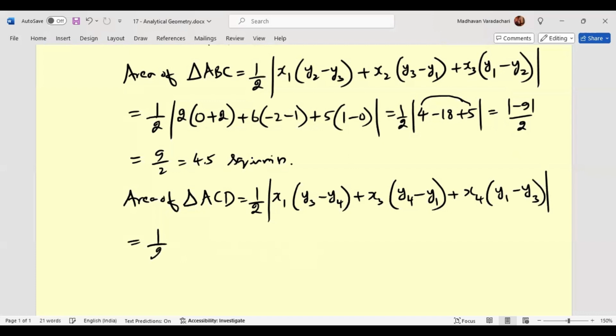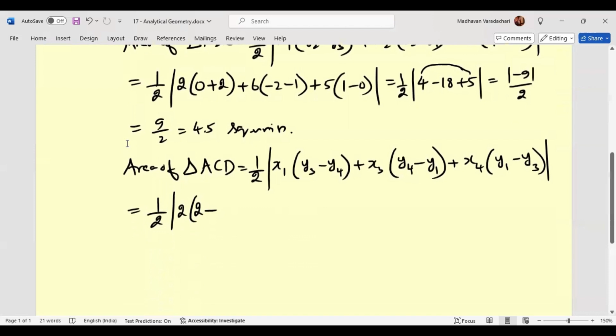So that becomes half times x1. x1 is 2 times (y3. y3 is 2 minus y4. y4 is -1. So it becomes +1) here plus x3.